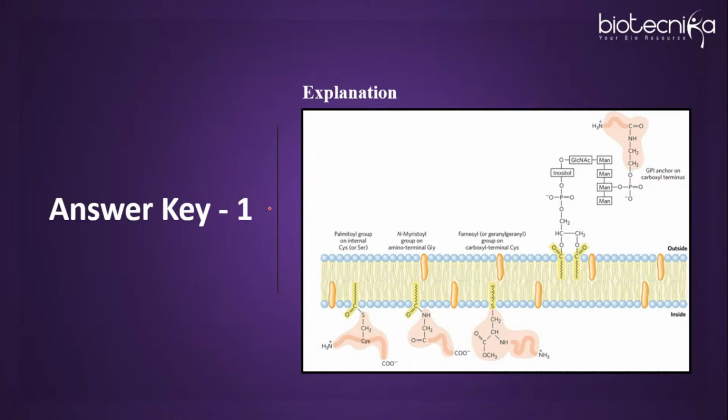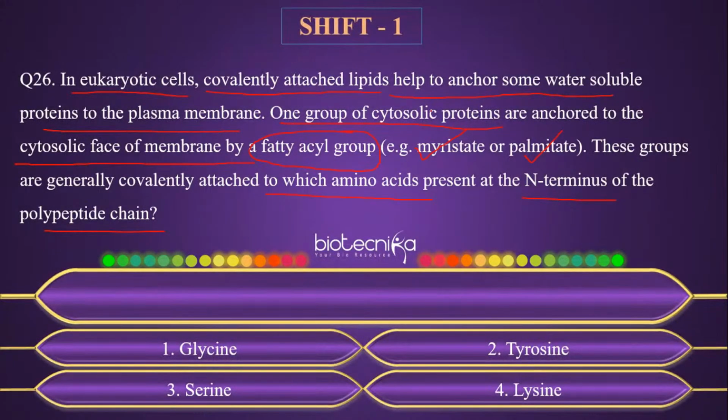In the question, they asked about one group of cytosolic proteins anchored to the cytosolic phase of a membrane. And here they confused you by saying myristate or palmitate. So it could be either of these. But if you read the second part of the question, what will you find?